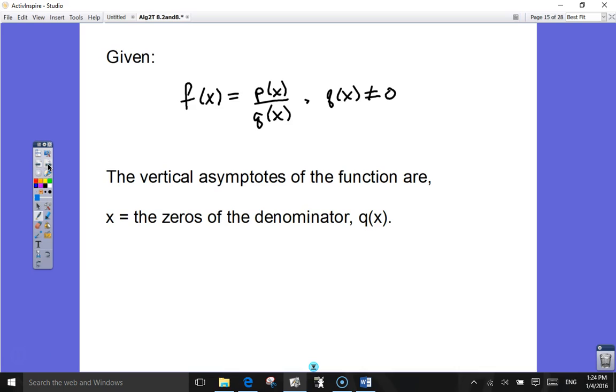Okay, the domain: once you figure out what the vertical asymptotes are, the domain is x does not equal the zeros of the denominator. Alrighty?